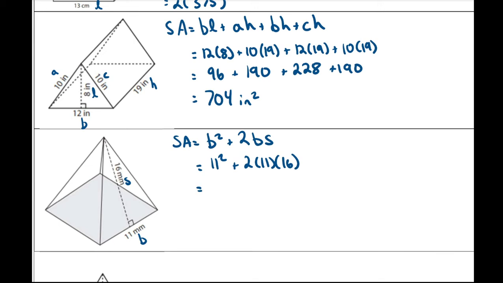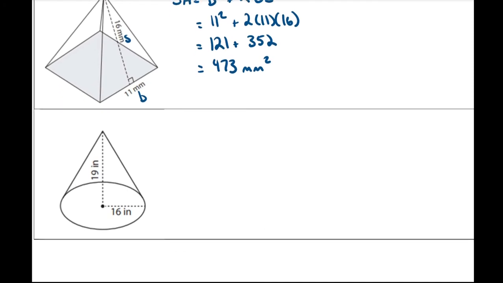Again, I'm going to do each part individually. 121 plus 2 times 11 times 16 equals 352. And then added together, 473 millimeters squared. So that's the surface area of my pyramid or square base pyramid.